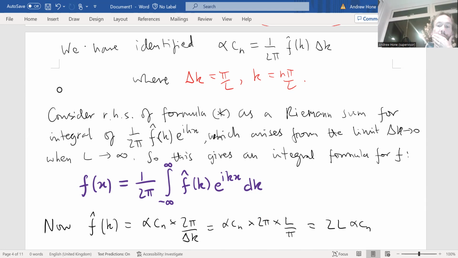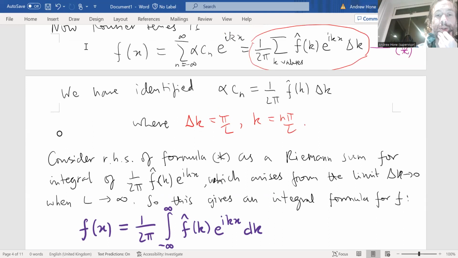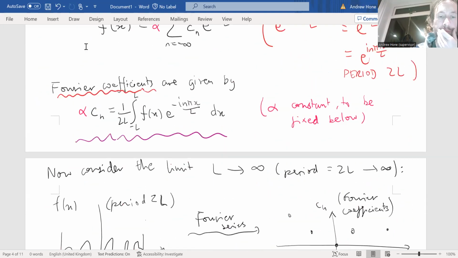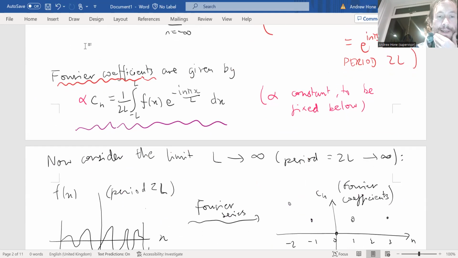Okay, so does that make sense with what we wanted to do? Great, excellent. So if you look at this formula, it gives us alpha Cn is 1 over 2L times an integral from minus L to L, okay?